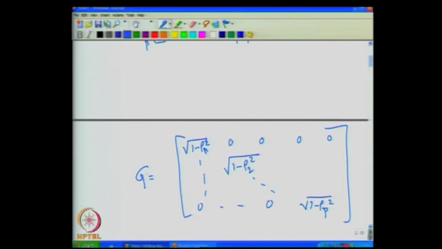So, this is the diagonal matrix of size p by p. Interpret the terms correctly here. All these are lag 1 correlations, rho 1, rho 2, rho 3, rho p etcetera. Rho 1 here indicates the lag 1 correlation at site 1, and rho 2 here indicates the lag 1 correlation at site 2, and so on. This is rho p. So, this is how you formulate the matrix G.